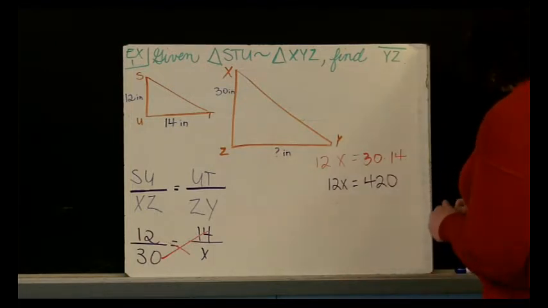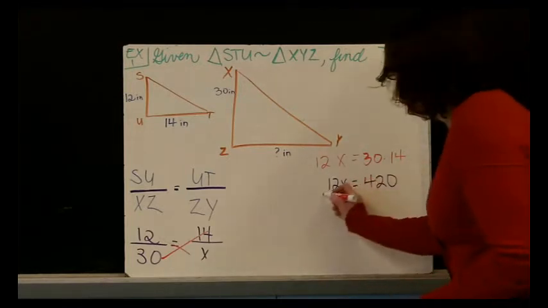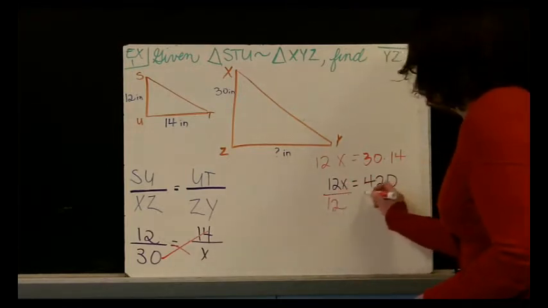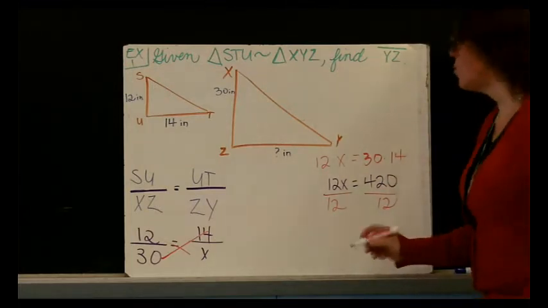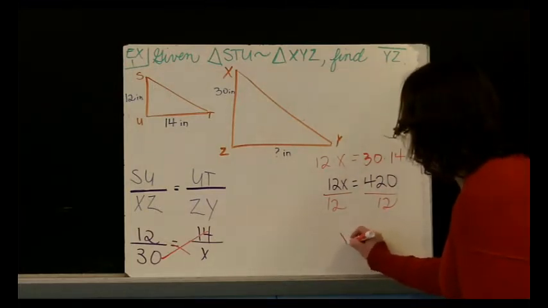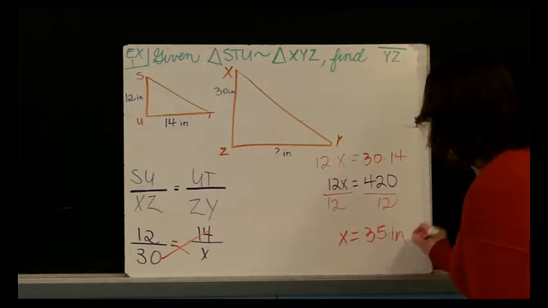Our last step tells us to divide both sides by the coefficient. In this case, it's 12. And then when you do your long division, you'll find that X equals 35 inches.